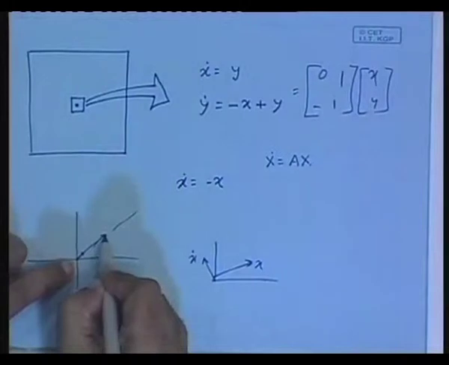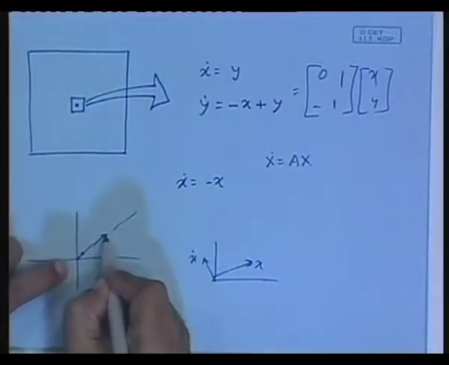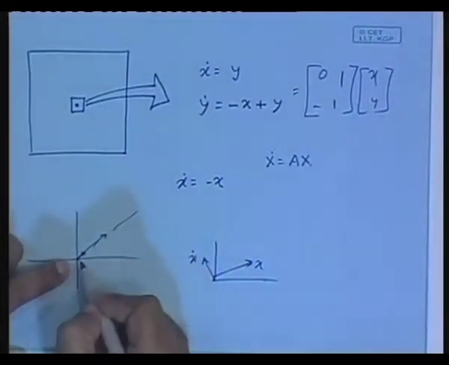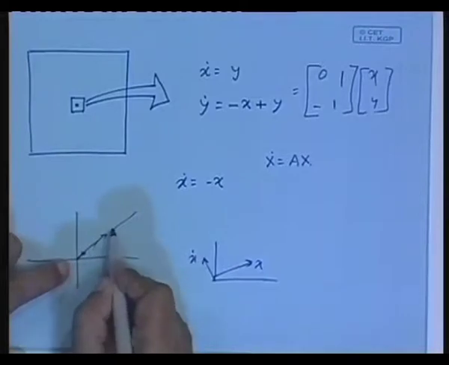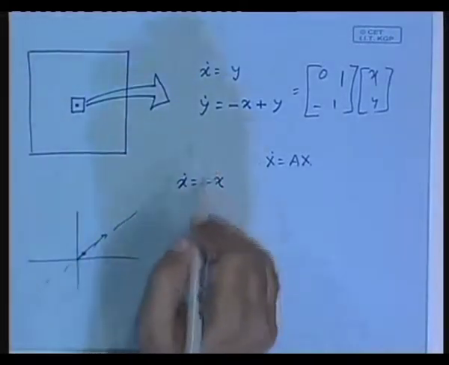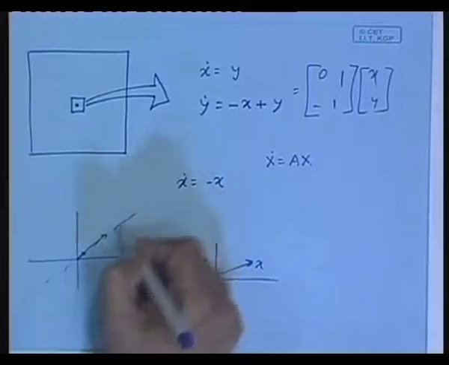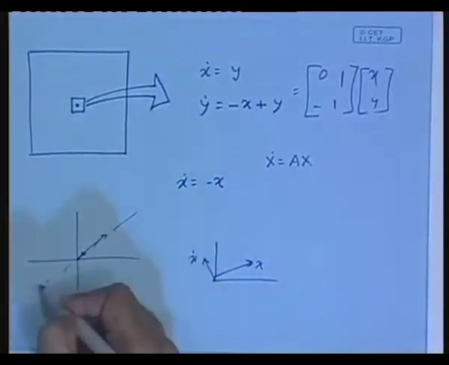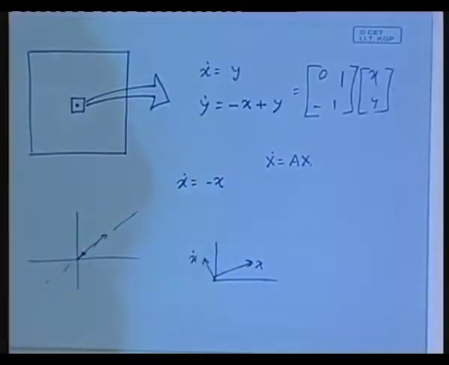So, the mathematician would say in solving this, okay, let us see, if I can start with an initial condition on this line, then I know that the resultant x dot will be along the same line, and therefore, whatever it does, its evolution throughout will remain constrained to this line. That is a one dimensional equation. Then I know how to solve it. I can write down this solution.